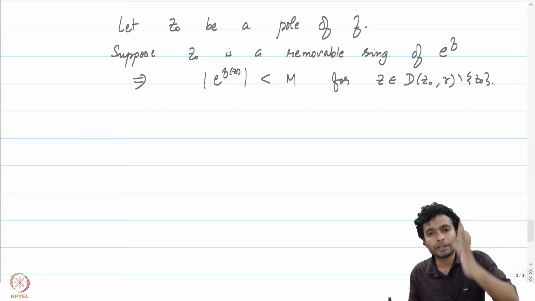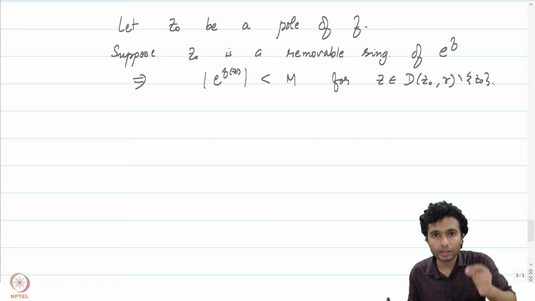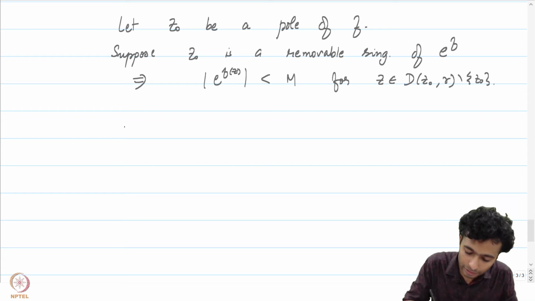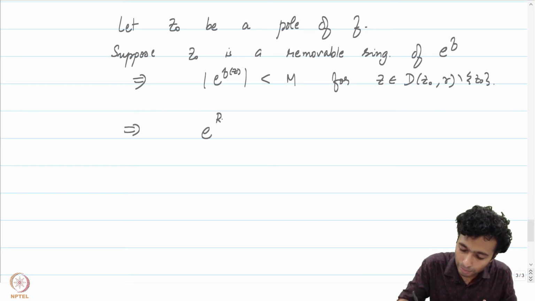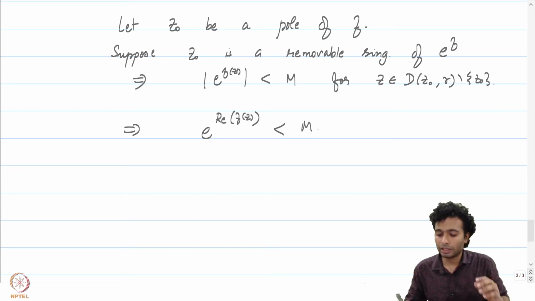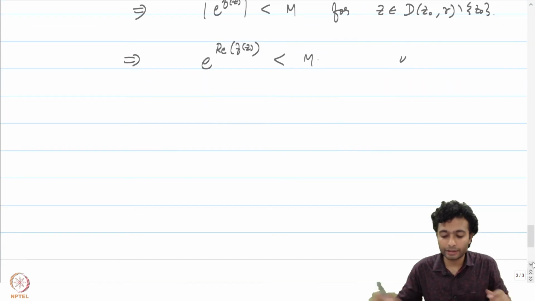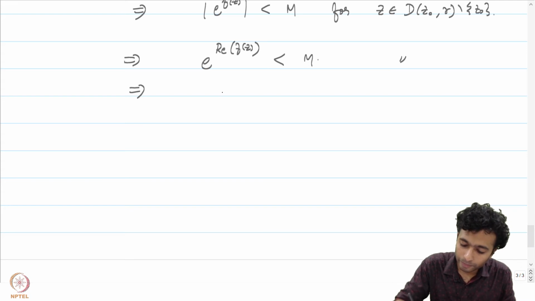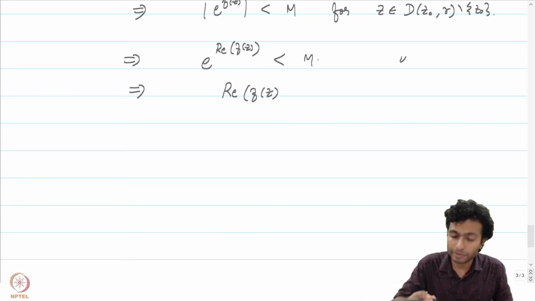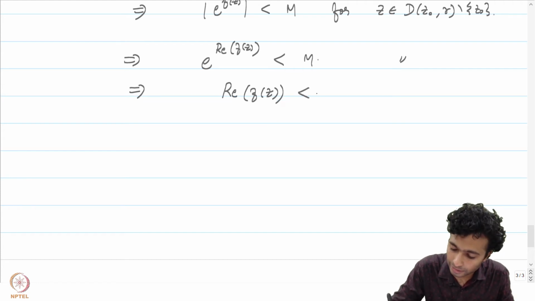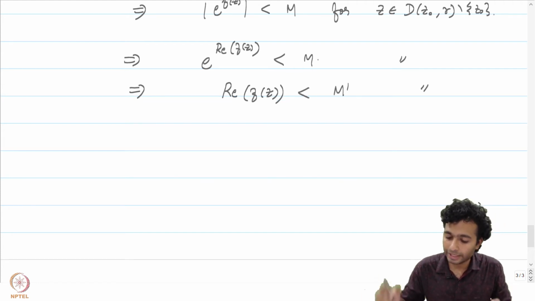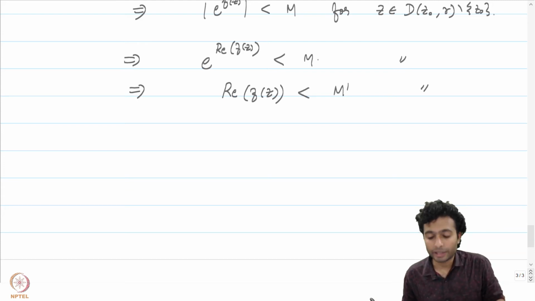That's equal to e to the power a, which is e to the power the real part of w. So e to the power the real part of f(z) is less than M. These are real numbers, and by taking the logarithm, remembering that M is some positive number, the real part of f(z) is less than some M prime for all z in D(z0, r) minus z0.